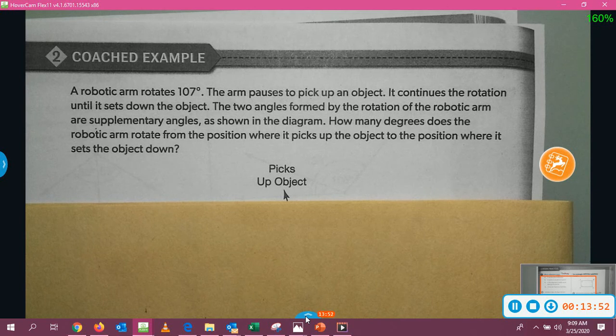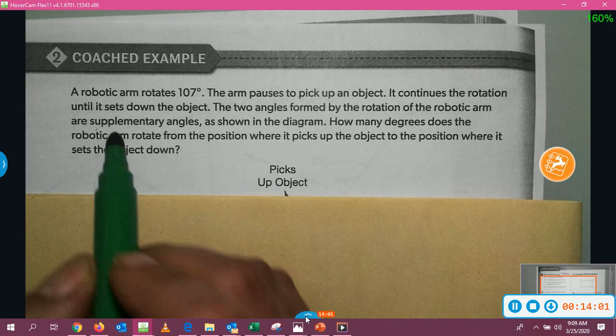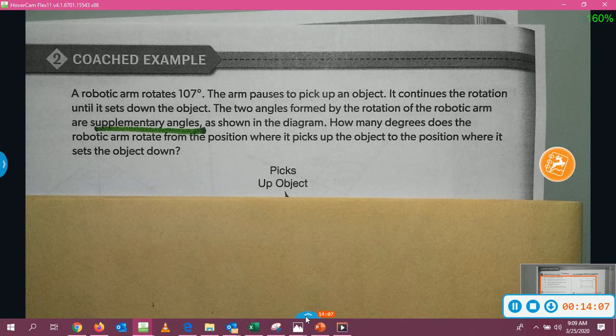The two angles formed by the rotation of the robotic arm are supplementary angles. So there goes that word again, supplementary. In the diagram, how many degrees does the robotic arm rotate from the position where it picks up the object to the position where it sets the object down?